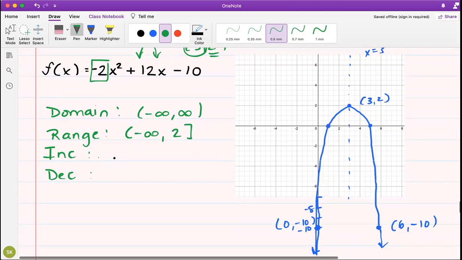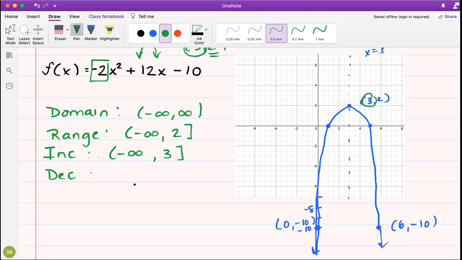We're increasing from negative infinity to the x value 3, and then we're decreasing from 3 to infinity. And like I said last time, some textbooks use parentheses, some use brackets. I think your textbook uses a bracket, and so in the homework you're going to put a bracket, but if you get it wrong, then just put a parenthesis here.